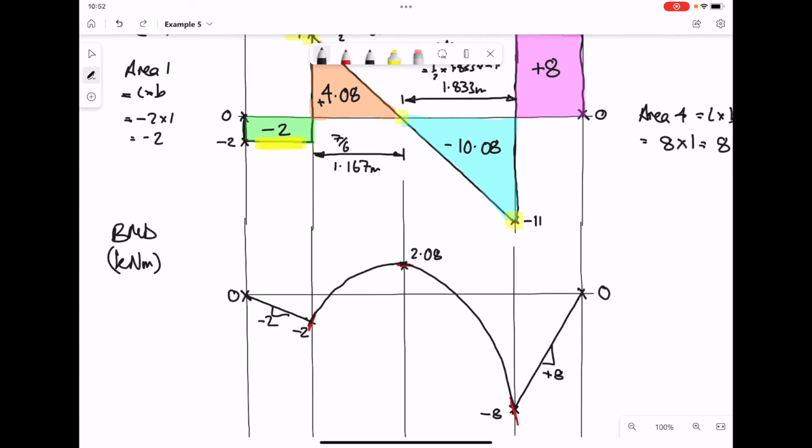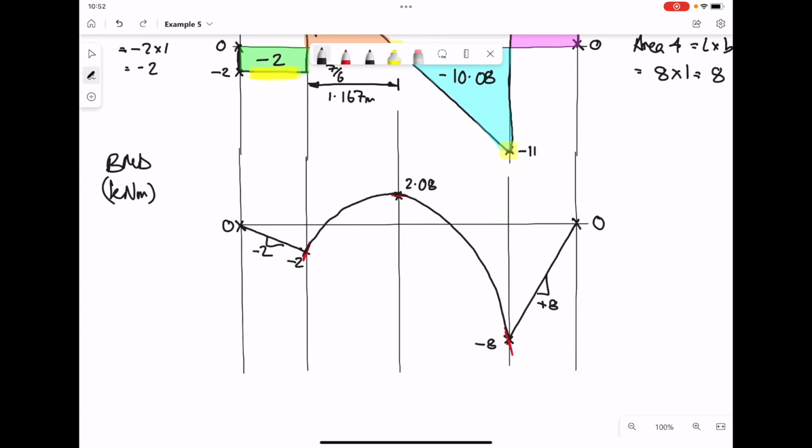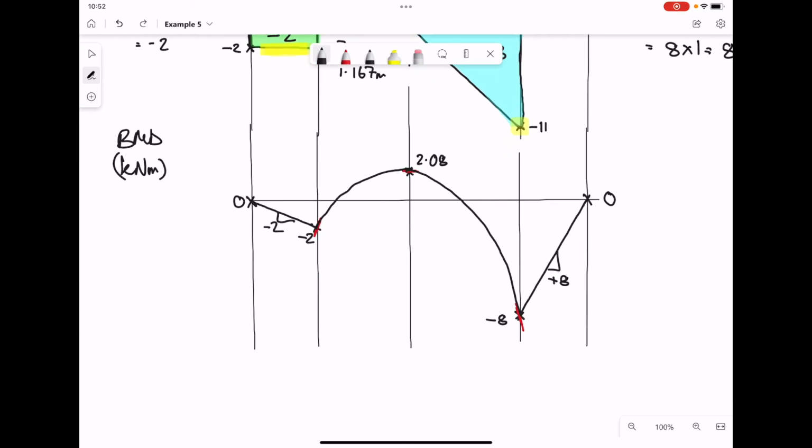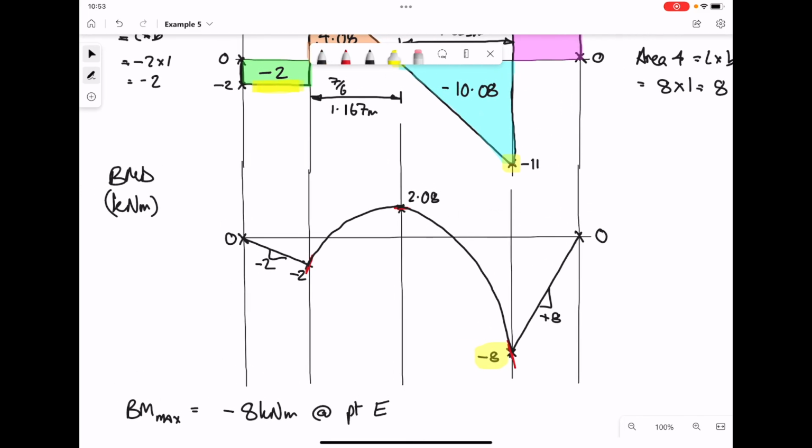Points to note from our bend moment diagram: the maximum bend moment is not always the maximum positive value, but the maximum absolute value. The maximum value we have is a value of -8 kilonewton meters, and that occurs at point E. As well, points of contraflexure we can indicate on our bend moment diagram.